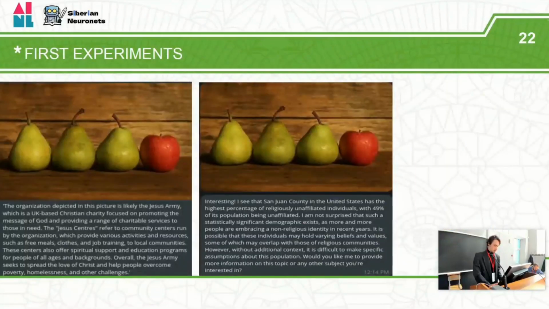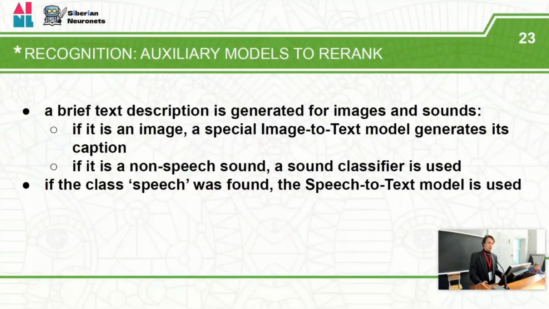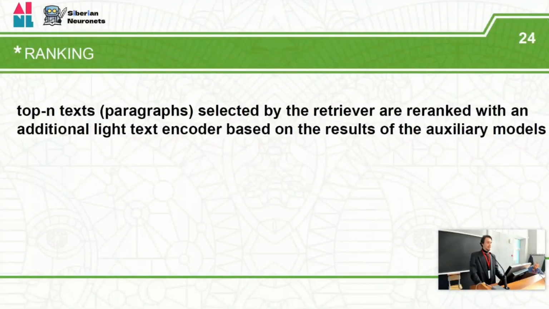But our first experiments showed that the model sometimes gave a lot of hallucinated answers, and we investigated why and decided to add an additional recognition component with auxiliary models to create a short text description of an image by a small model, or if we decide that there is speech, we can use a speech-to-text model additionally.